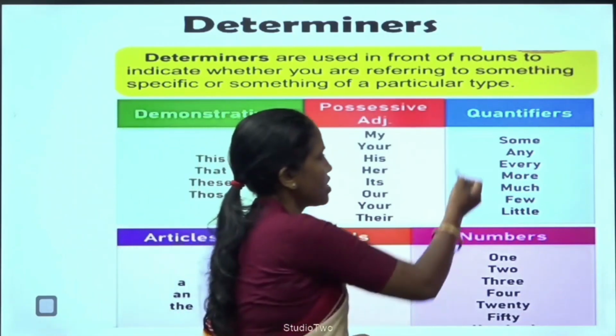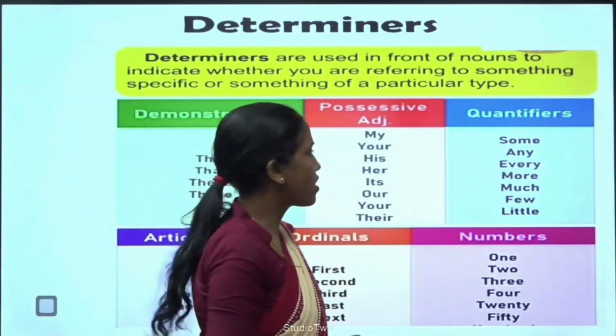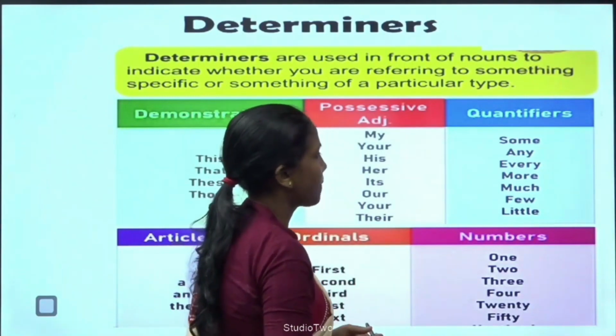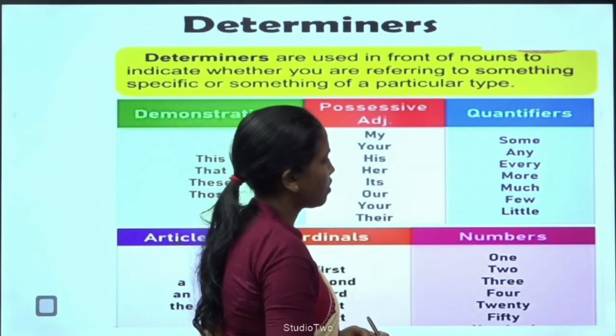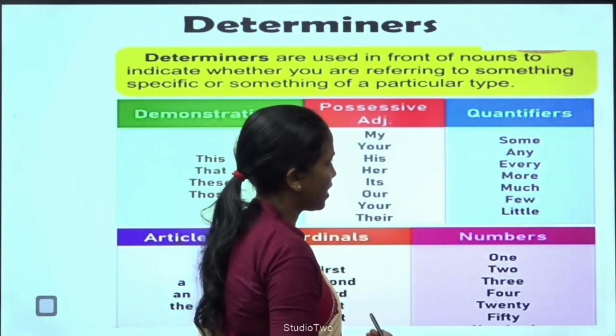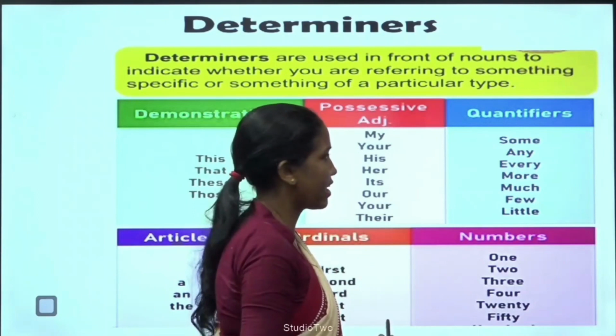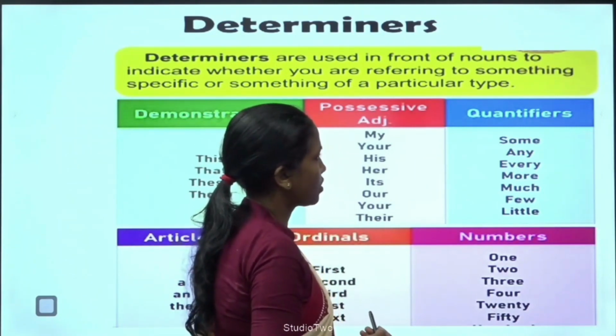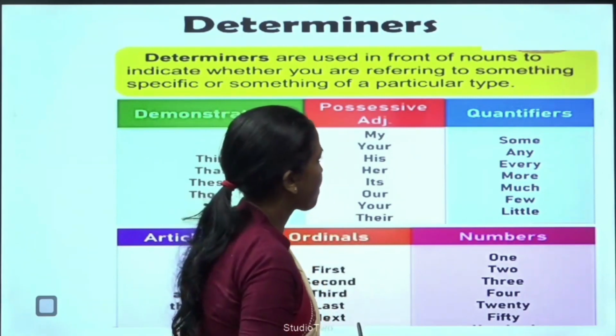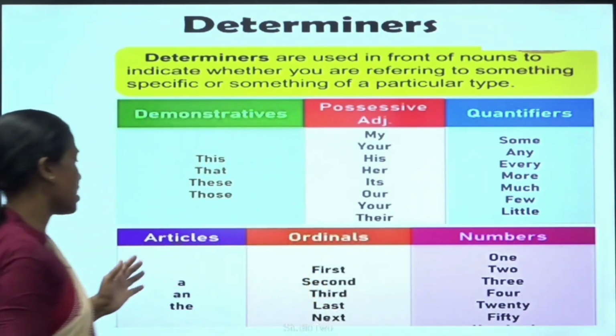Next you see, students, quantifiers. The examples are some, any, every, more, much, few, little. Quantifiers indicate more or less about the noun.